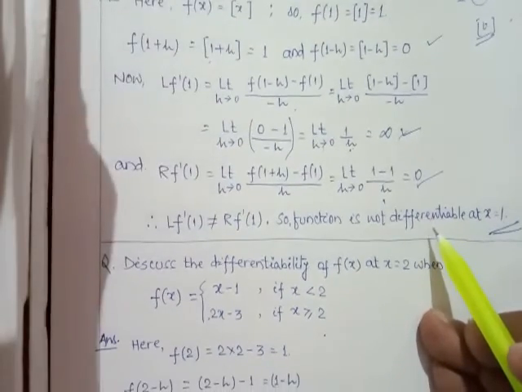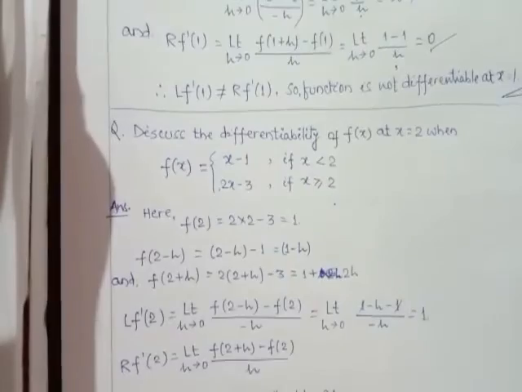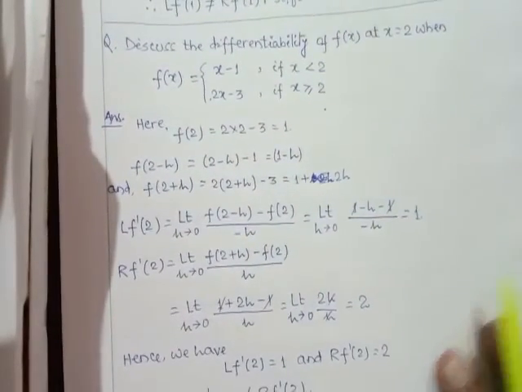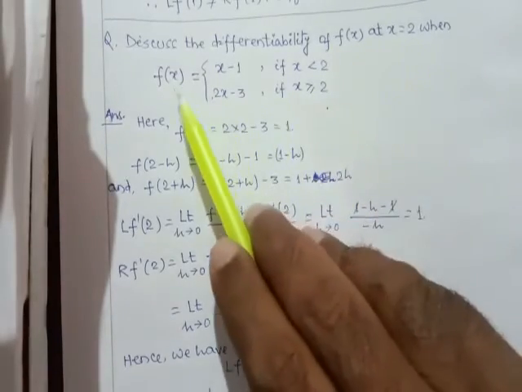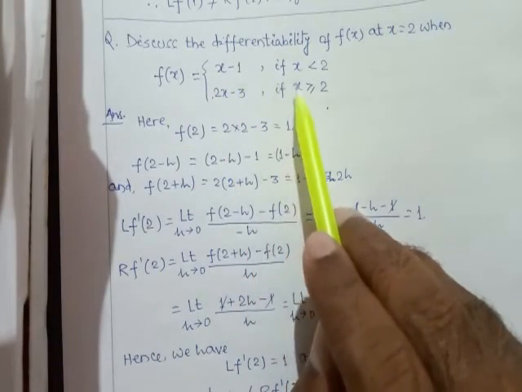See another question. Discuss the differentiability of f(x) at x equal to 2, when f(x) is x minus 1 when x is less than 2, and 2x minus 3 if x is greater than or equal to 2.